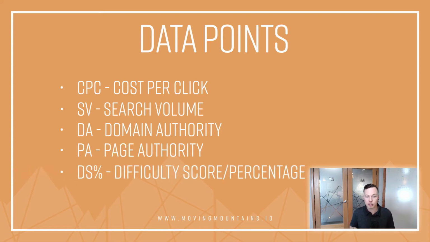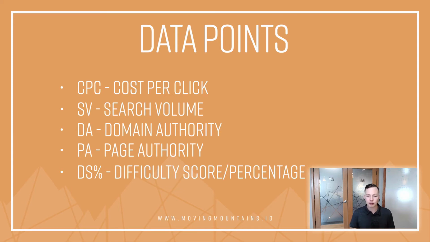So DS percentage or difficulty score, sometimes we'll call it difficulty percentage, sometimes we'll call it difficulty score. But basically, this is a score that we use a bunch of tools for. It's not specifically for us in-house. I believe Moz created the original version of it, but there's a bunch of imitators out there, and we use a bunch of tools to kind of mimic that, just so that we really know what's going on.